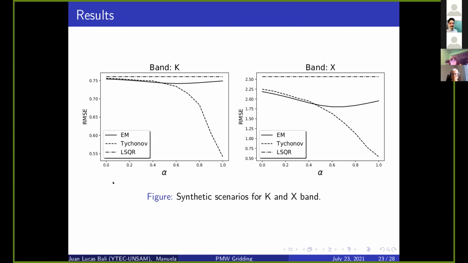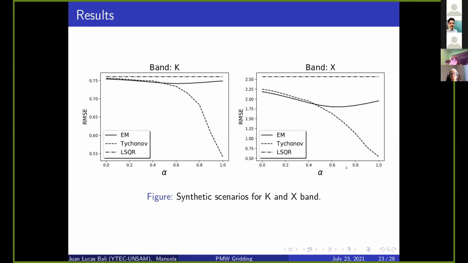So as you can see, with different alpha, we tried the three methods. Least squares always behaves quite badly in the root mean square error, and doesn't get better with alpha, as it does not take into account spatial correlation, which is a bad thing for the method. Expectation maximization does take it into account, but it tends to not improve beyond a point, depending on the band.